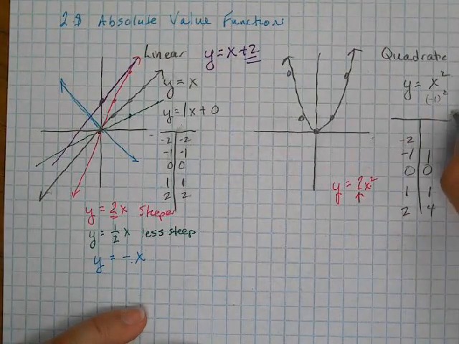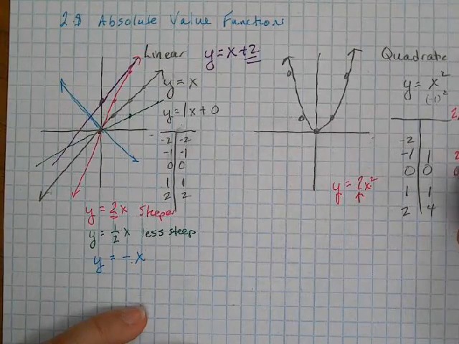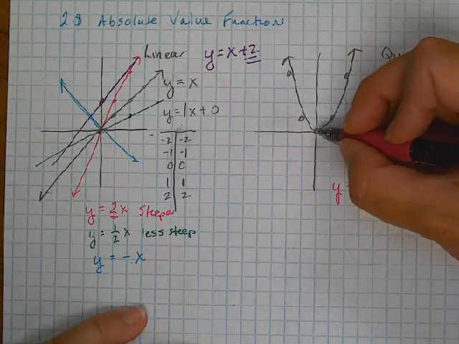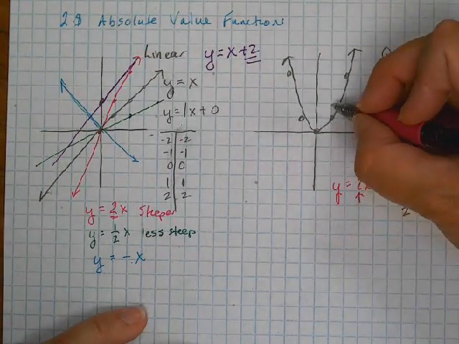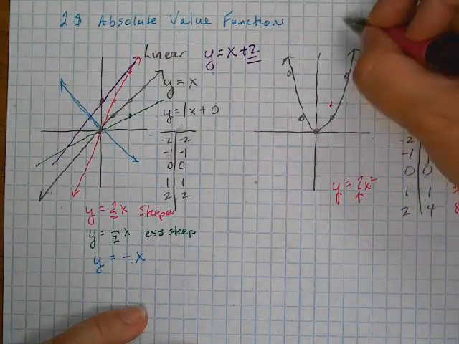So if I graph 2x squared, the 1 is going to double to 2, the 0 is going to double to 0, and the 4 is going to double to 8. So the y value is going to increase by 2. Instead of 1, 1, it would be 1, 2. And instead of 2, 4, it's going to be up here at 8.